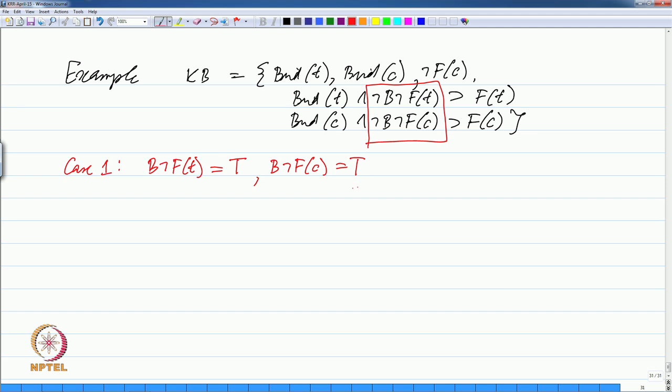So, the KB 1, let me call it, is equal to KB. Or let me call this KB 2 is equal to KB 1, and when I call this as KB 1, both the other statements vanish.